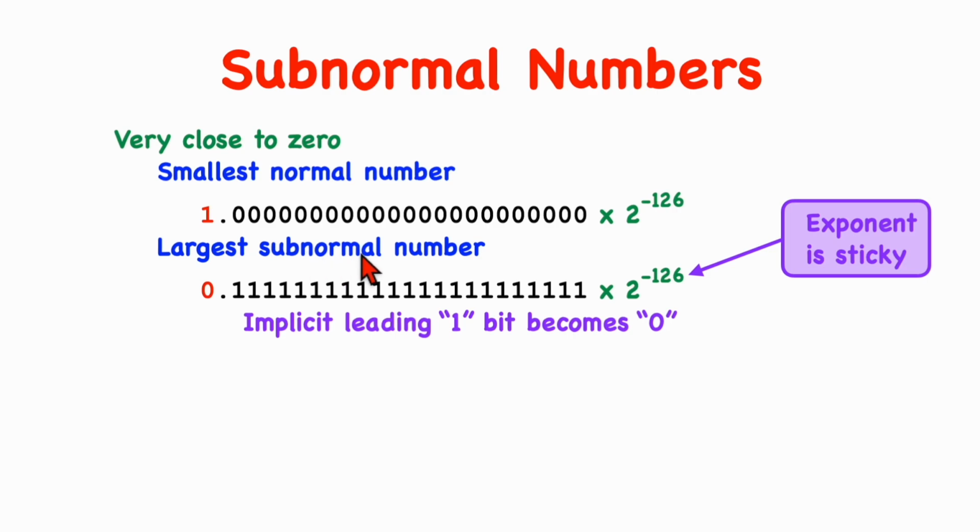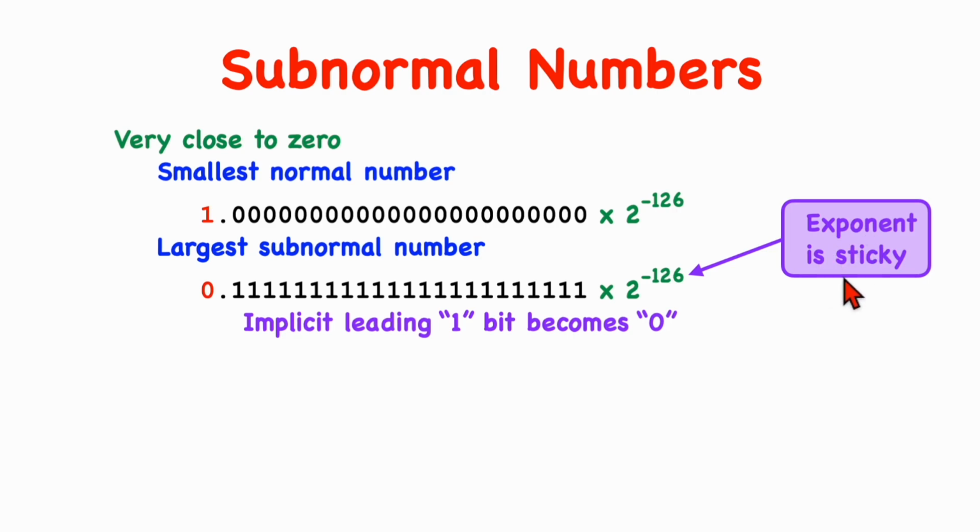With a subnormal number, that implicit leading 1 is no longer there, and implicitly we have a 0 instead. And subnormal numbers are represented with an exponent field that's all zeros. And when our exponent field is all zeros, it's interpreted as the very same exponent, namely minus 126.